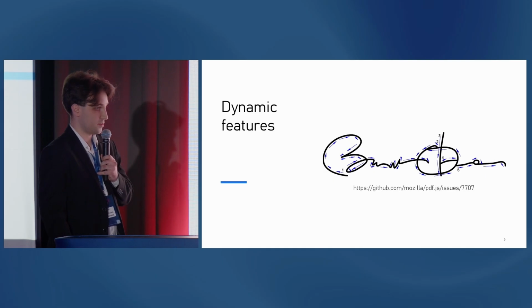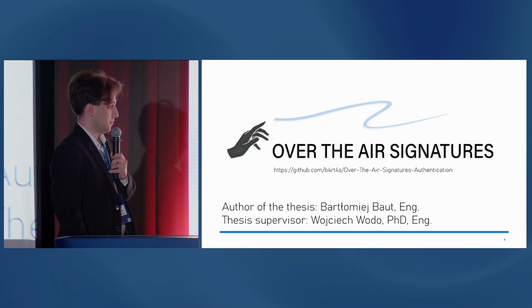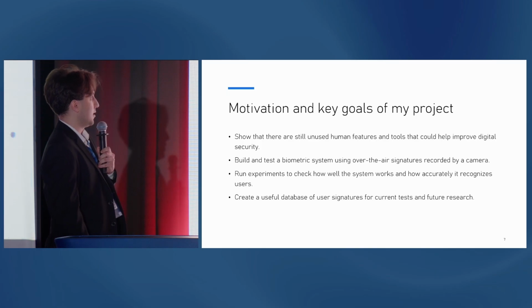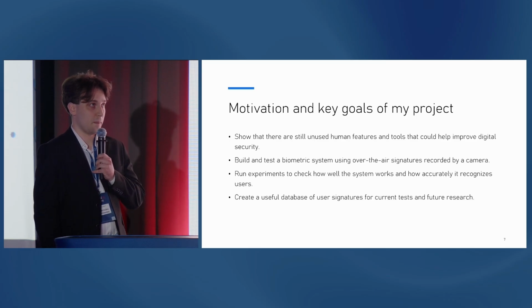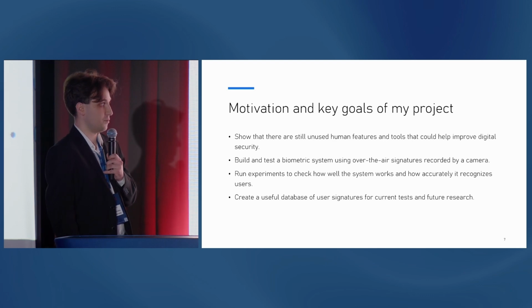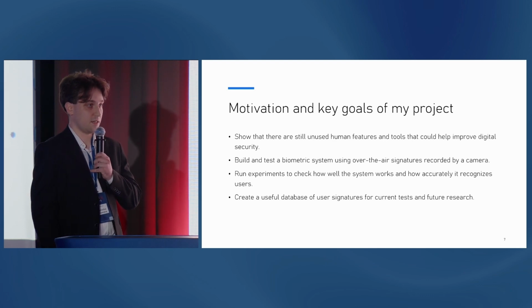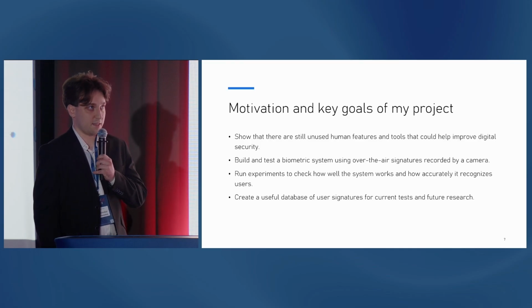In the system that I will present to you in a moment, we used both types of features, both dynamic and static. So what was our goal? We wanted to use devices that we wear on an everyday basis, or laptops, smartphones and the cameras that they are equipped with.